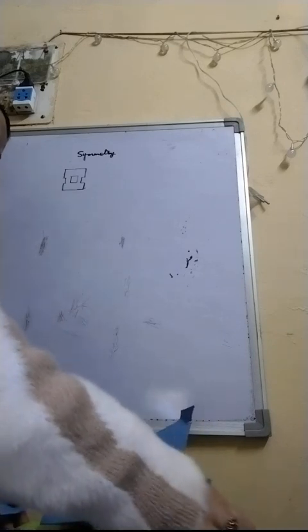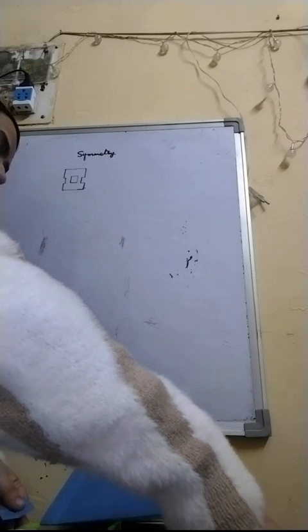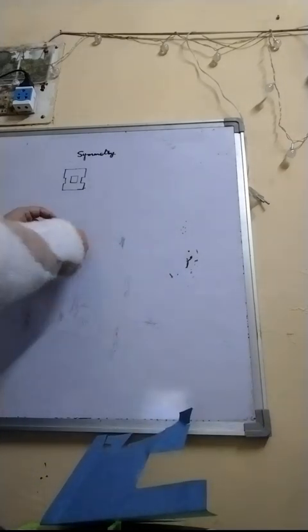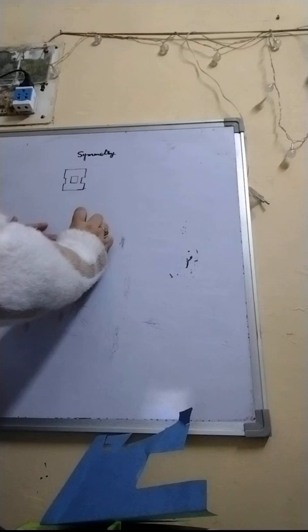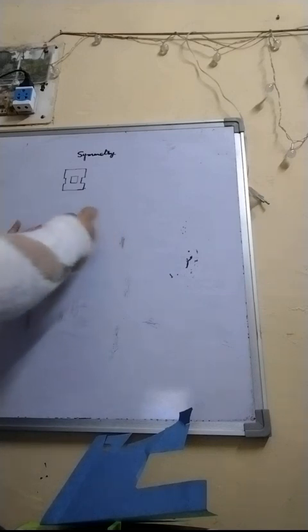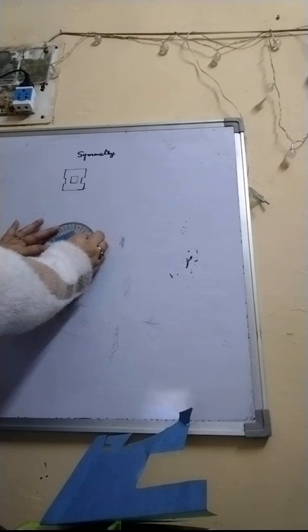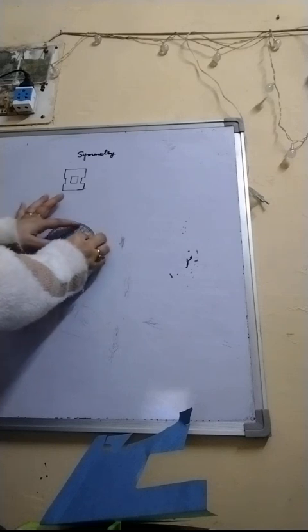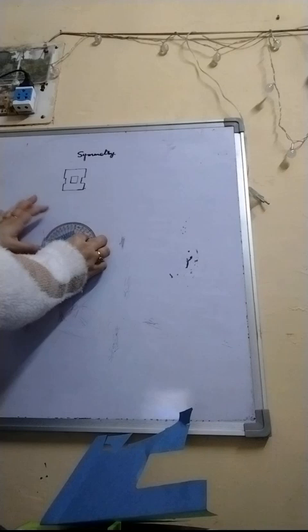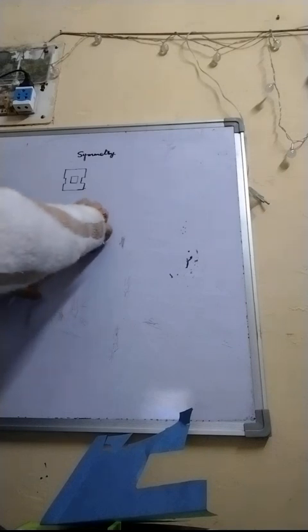So you would take the protractor, keep it at one of the corners of the cutting and align it with the zero line, and you would get that the angle is 90 degree at the corners.